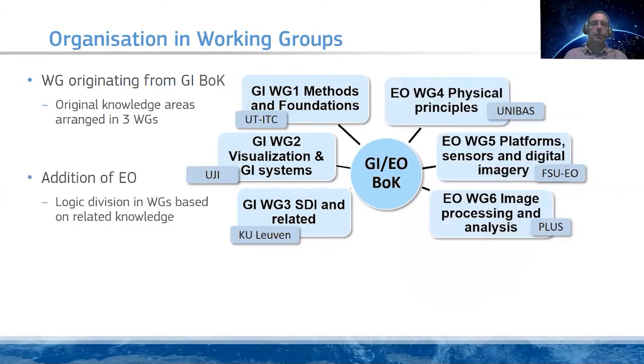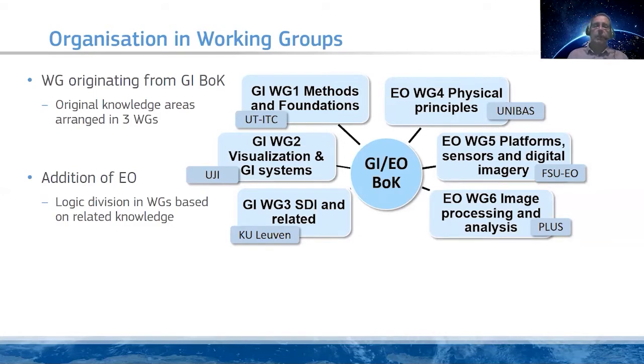Then we add 3 working groups related to Earth observation. Working group 4 covers the physical principles. Working group 5 covers platforms, sensors, and digital imagery. And working group 6 covers image processing and analysis.